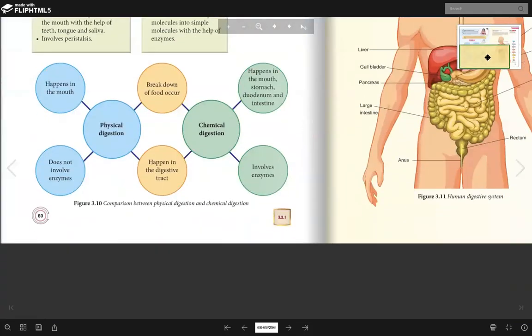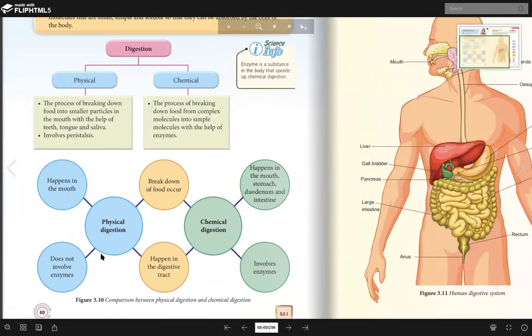As you can see down below, this shows the differences between physical and chemical digestion. Here in the middle is their similarity. Bear in mind, for similarity, please use the word both. So both will break down food, that's correct, and both happen in the digestive tract.